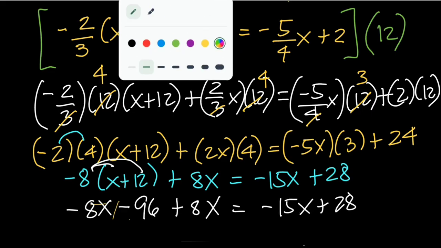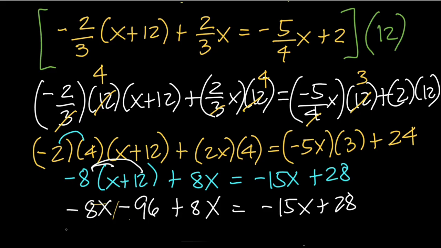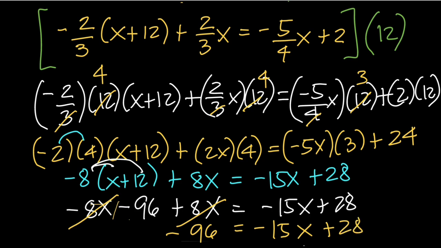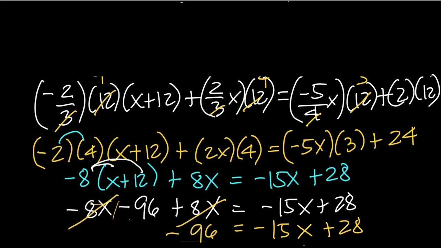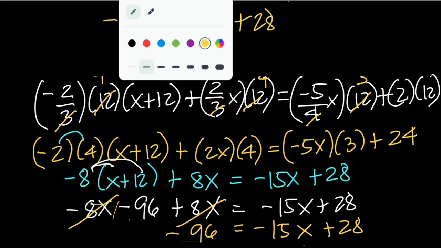You should be happy because you have negative 8x and 8x. You can just cancel that. Yay! Yeah, and then you'll be left with negative 96 equals negative 15x plus 28. And now you can solve for x. So we have negative 96 equals negative 15x plus 28.